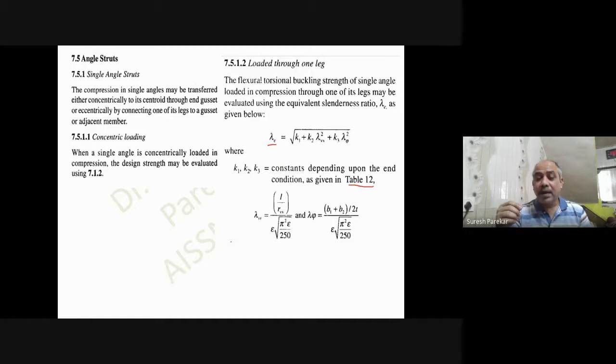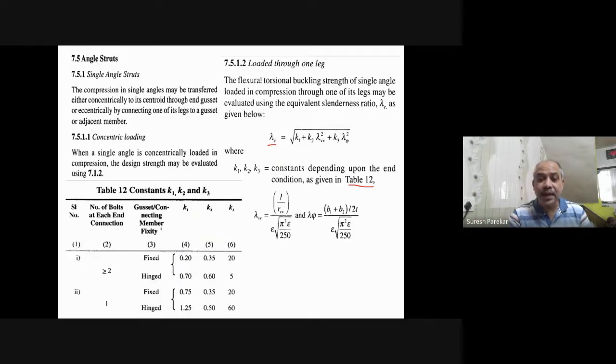Table 11 we have for end conditions of the column, which gives me the value of K, and table 12 we use for K1, K2, K3. So up to table 12 we have to use tables in compression members. You can see this table 12 depends upon your connection. If you have number of bolts greater than or less than 2, or if you have 1 bolt, and depending upon fixed or hinged connection, we take the values of K1, K2 and K3.